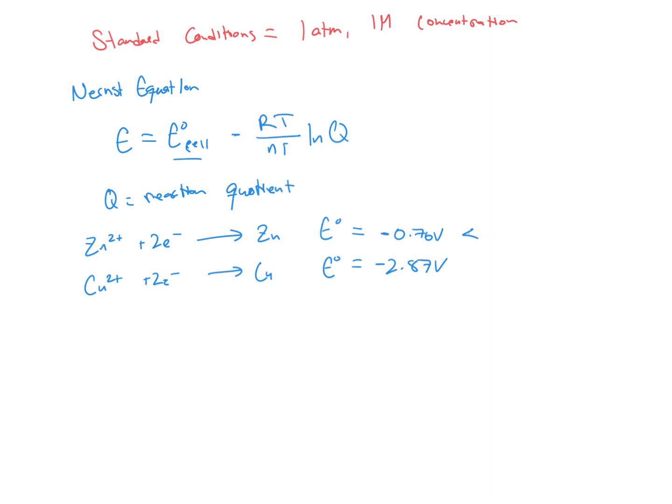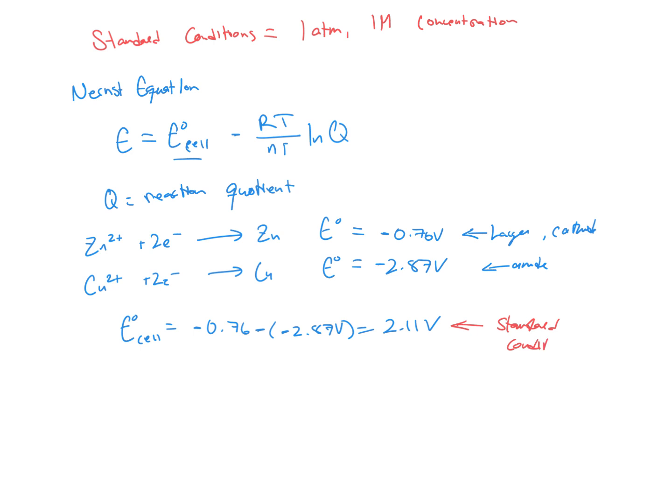Of course, this is a larger number, and so this is the cathode, and this is the anode. And so for the whole cell, this value would be negative 0.76 minus negative 2.87 volts, which gives us 2.11 volts, which is a positive number. And again, as a reminder, this is under standard conditions.